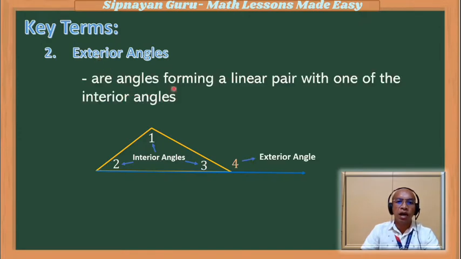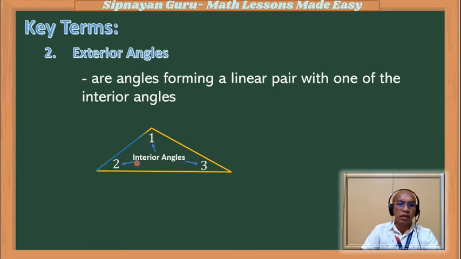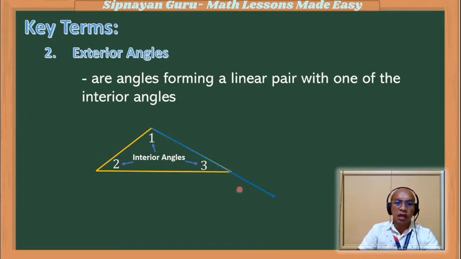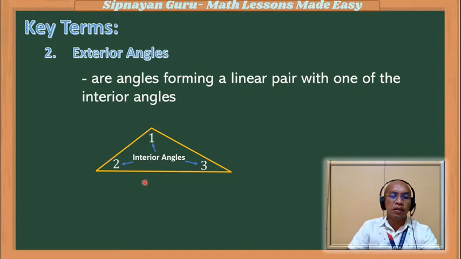Exterior angles are angles forming a linear pair with one of the interior angles of the triangle. So if you extend this side here, you can have this exterior angle. If you extend this side also, you can have the exterior angle here. If you extend this side going to the left, you can have this exterior angle here.